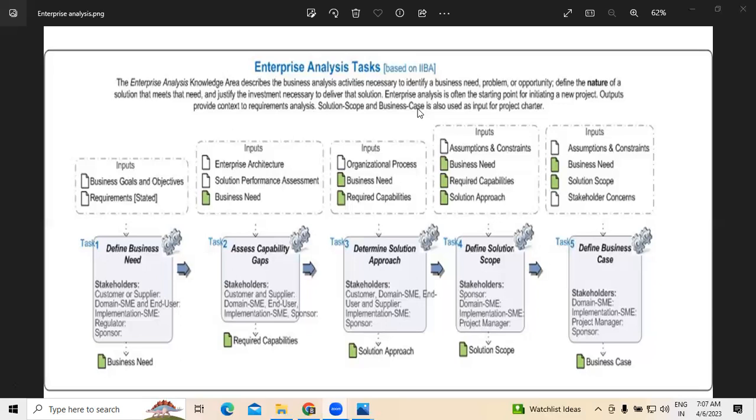Next, you need to define the solution scope, right? What are the possibilities? Can we define the scope easily? If yes, what could be the constraints? What could be the assumptions? That sort of knowledge should be there. This is where defining the solution scope comes into account.